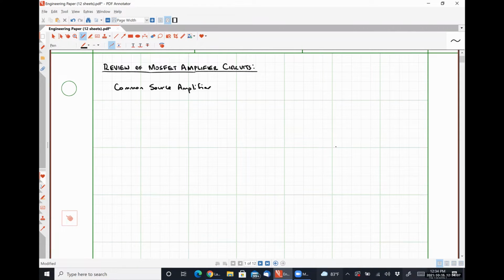Our common source amplifier should look something like this.